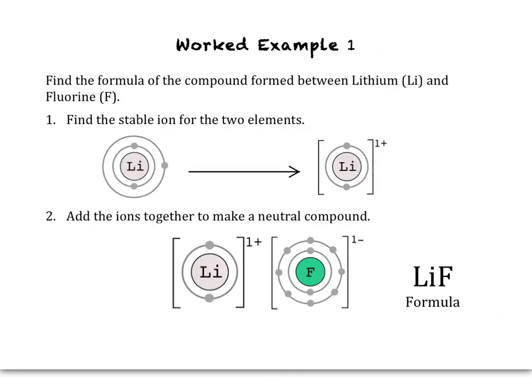Worked example 1. Find the formula of the compound formed between lithium and fluorine. There are 2 simple rules to find the formula of a compound formed from ions. Rule 1 is to find the stable ions for the atoms. In this example, lithium is in group 1, so has 1 outer electron. It must lose this to form the lithium 1+ ion.